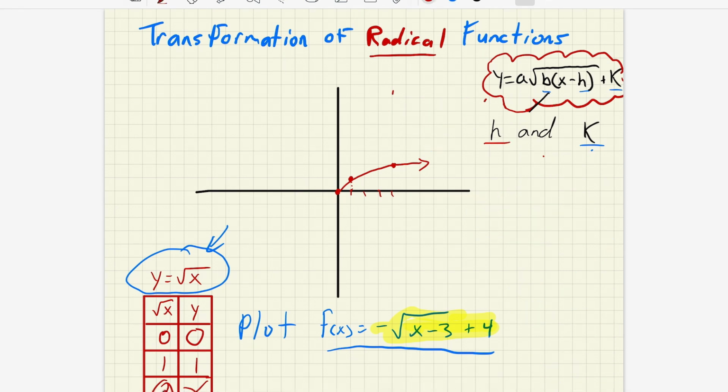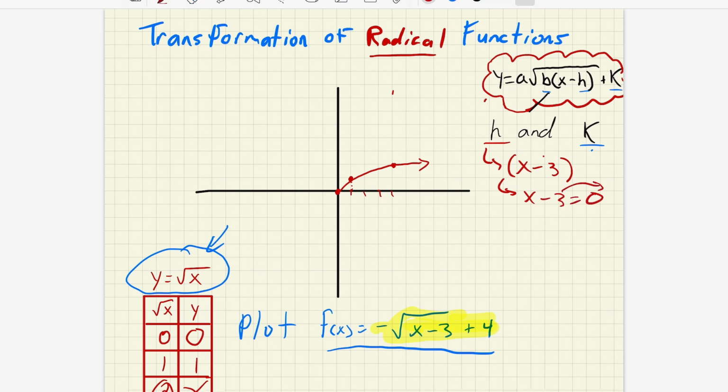The other thing I want to mention is with the H, remember that we set the bracket to 0. So we always take, in fact, the opposite sign when deciding whether it shifts right or left. So for example, let's say you have x minus 3. Well, to isolate for x, you would actually set this to 0. So we would go x is equal to plus 3. And that comes from the fact that x minus 3 is equal to 0.